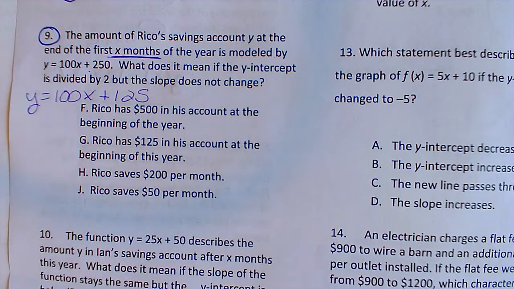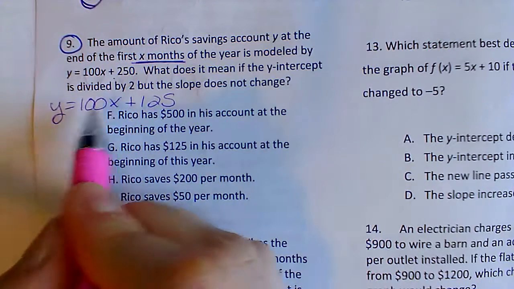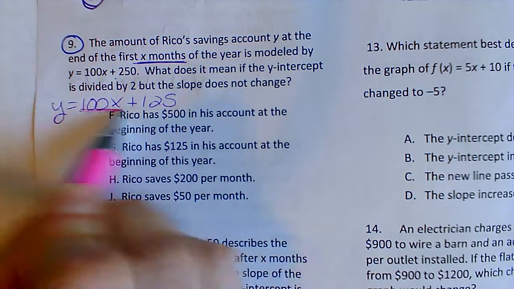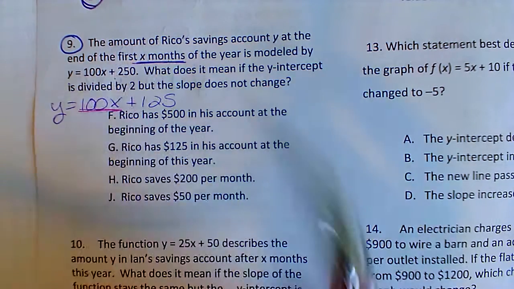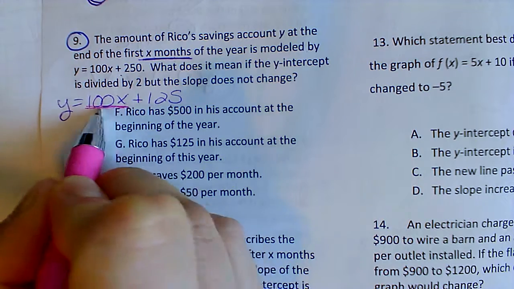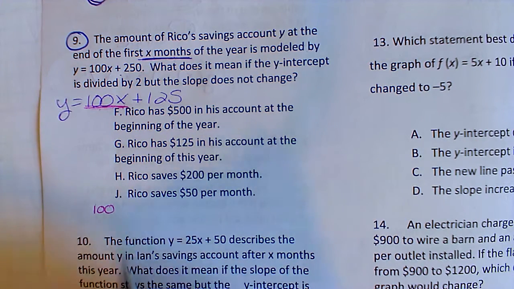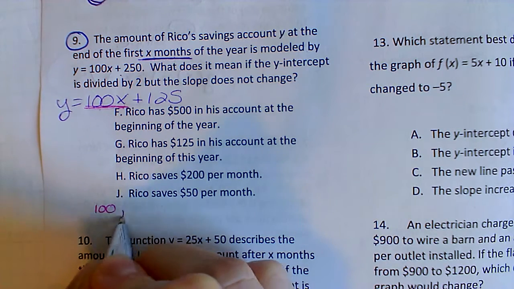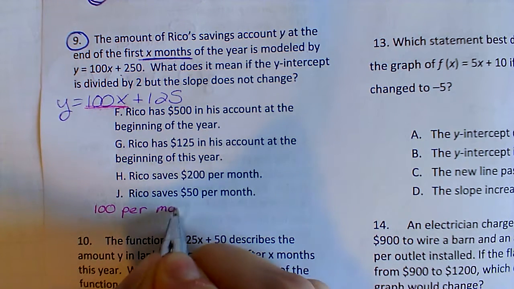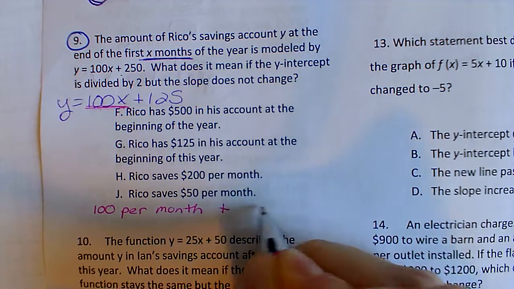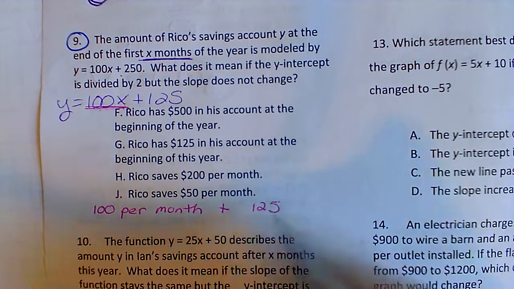Well, in order to figure out what this is really talking about, what it represents, think about what x means in the problem. They said x months. And since these are being multiplied together, I'm going to use one of those slope words. It's 100 per each, every, whichever one you want to use, 100 per month. And then it's plus the 125.